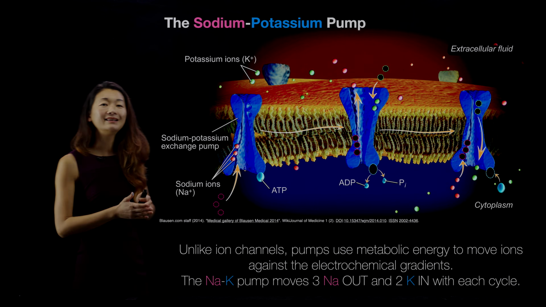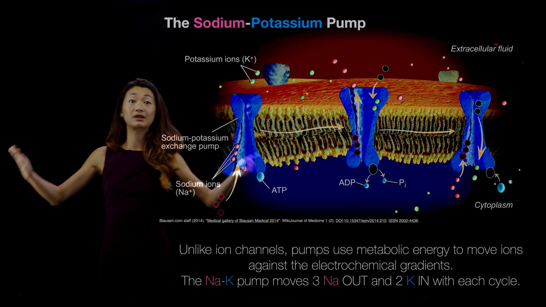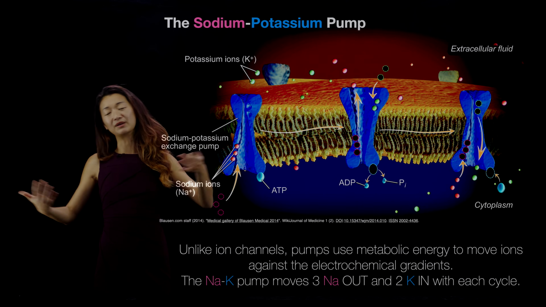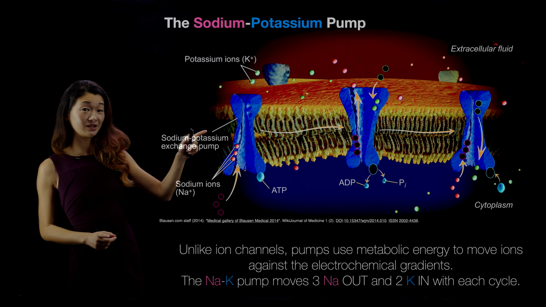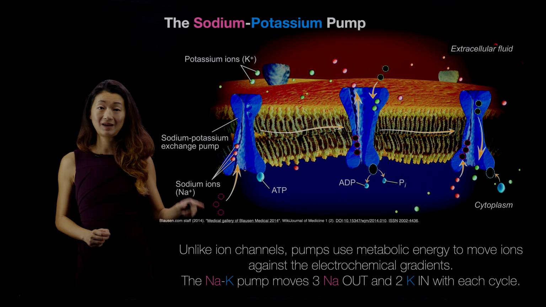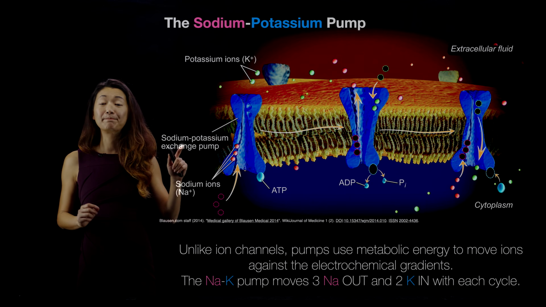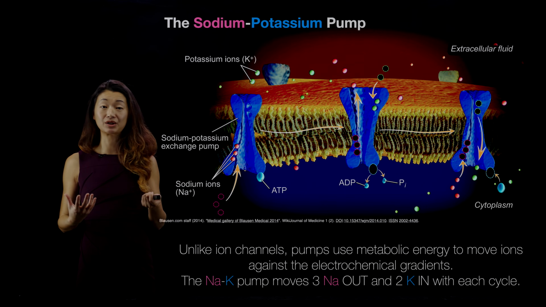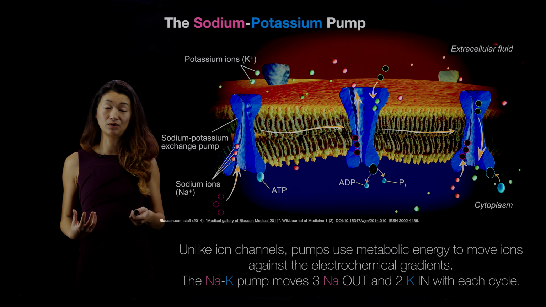This pump, unlike ion channels, which are just doors that are open, where ions can come in, they can go out, whatever they want to do, it's totally cool, these pumps are significantly more bossy. They are actively using energy in the form of ATP to pump ions against the concentration gradient, against the electrochemical gradient.